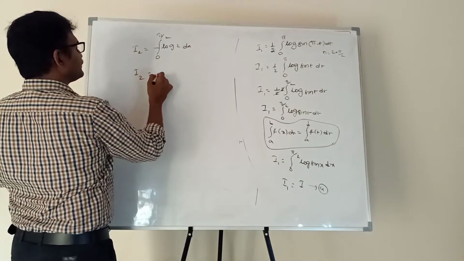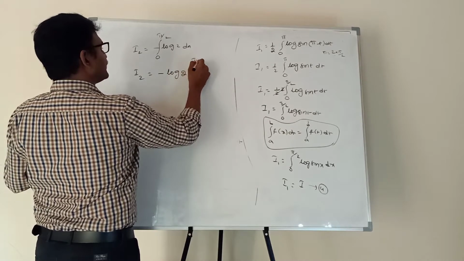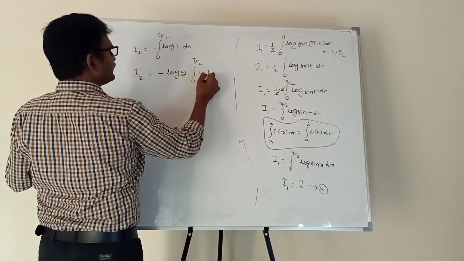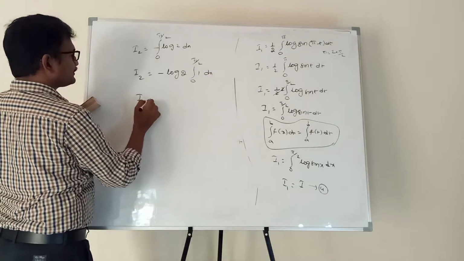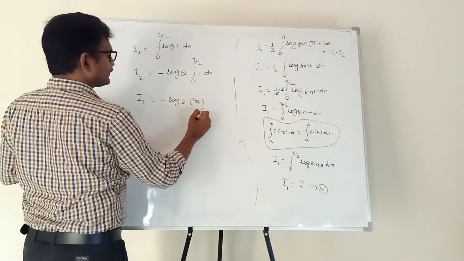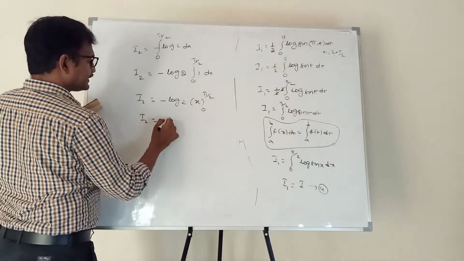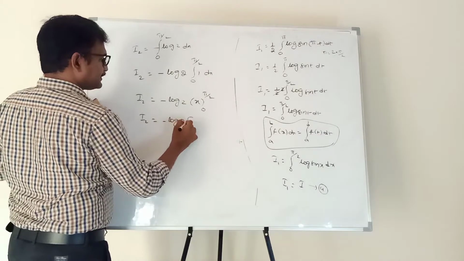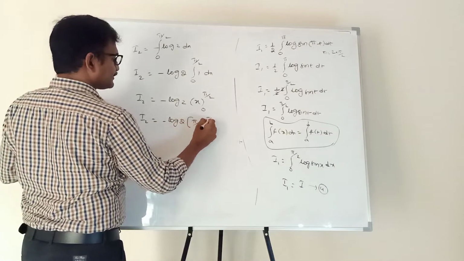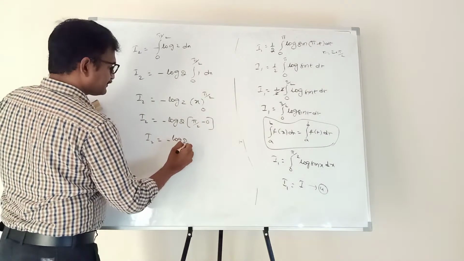So I2 is equal to minus of log 2, which is constant, 0 to pi by 2 of 1 into dx. Integration of 1 is x, lower limit 0, upper limit pi by 2. So I2 is equal to minus log 2 into (pi by 2 minus 0), which is minus log 2 into pi by 2.